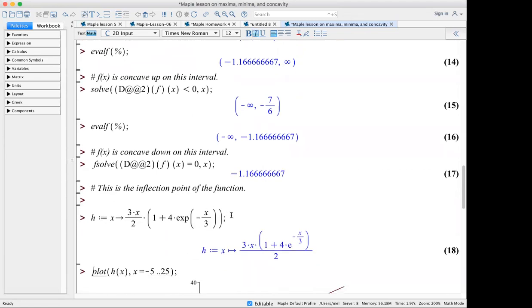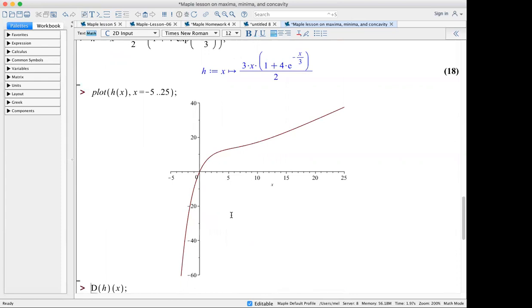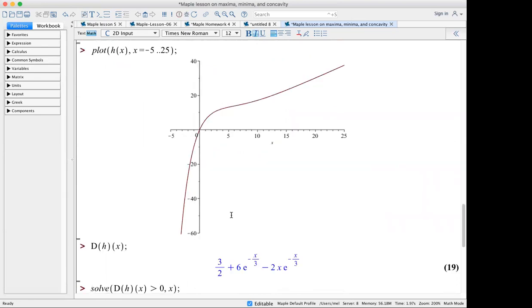You plot it, it looks like it's always increasing, that the derivative should always be positive.